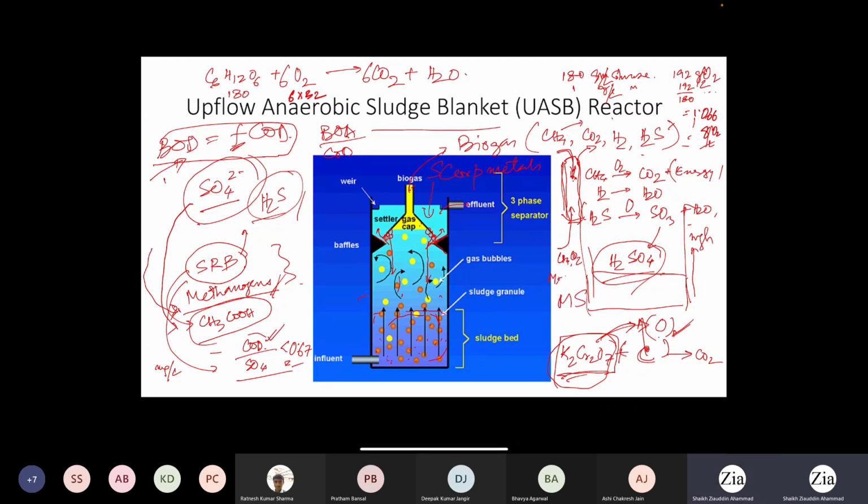So metal plus H2S will produce metal sulfide, and this metal sulfide will create precipitation, and this precipitated metal sulfide will get removed from the aqueous system, so it will not interact with the system anymore. And finally, from the reactor system, you can just remove them as sludge. So one option is COD sulfate ratio alteration. Another option is treatment of gas after getting the gas out from the gas outlet. Third option is adding some scrap metal.